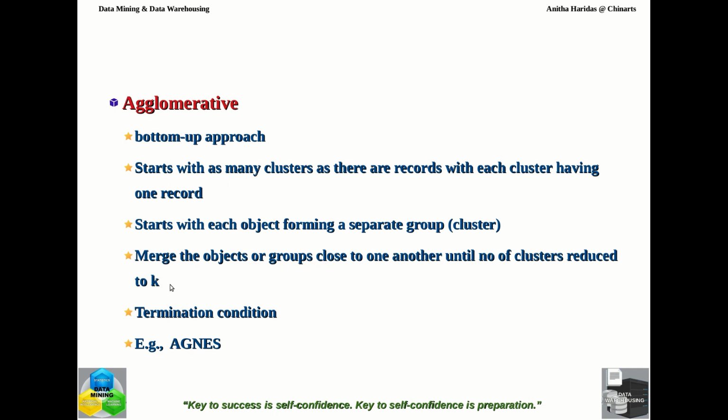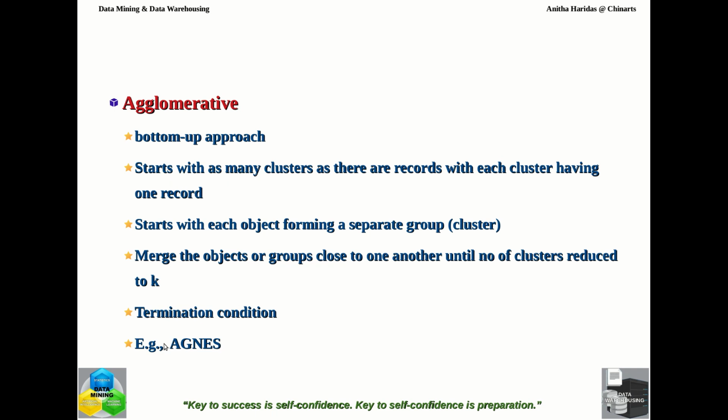Or sometimes you may give a terminating condition, saying that if a particular cluster has a maximum of 100 points, then we stop the clustering. That can also be one of the terminating conditions. So merging the objects or groups close or similar to one another until the number of clusters is reduced to k, or until the terminating condition is met, is what you call the agglomerative clustering process.